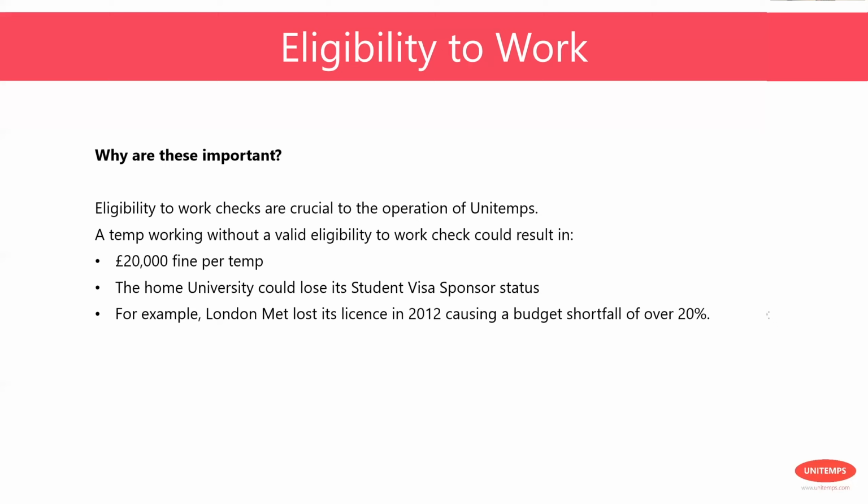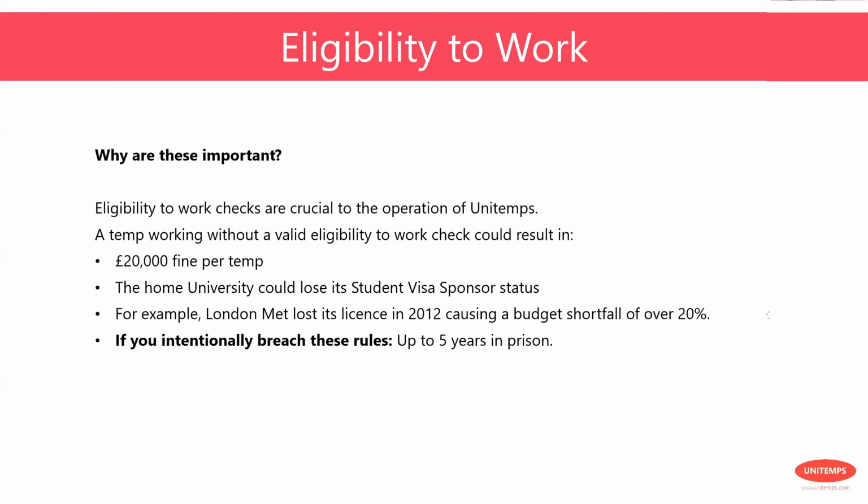Now, I don't know the figures for everyone's universities, but to give you an idea of what that would mean for the University of Warwick, where I work, that represents about £150 million a year. So we're talking about an amount of money that's not just a risk to the Unitemps branch, but something that's actually a risk to the entire university.